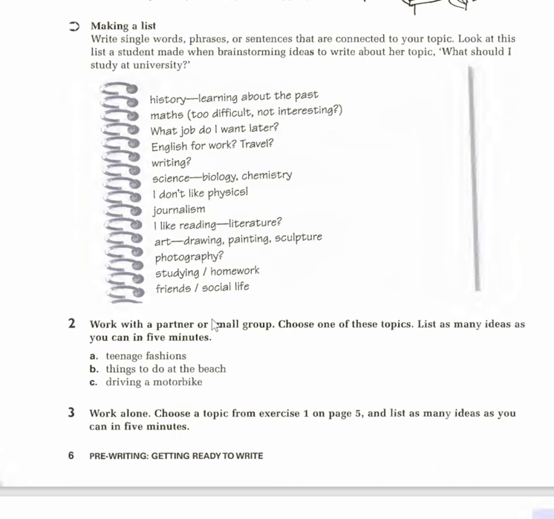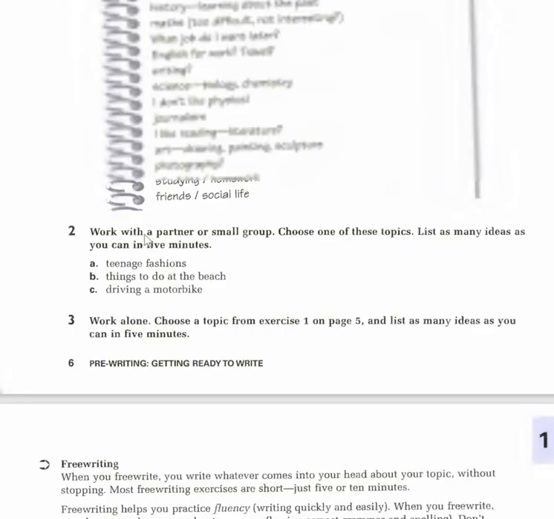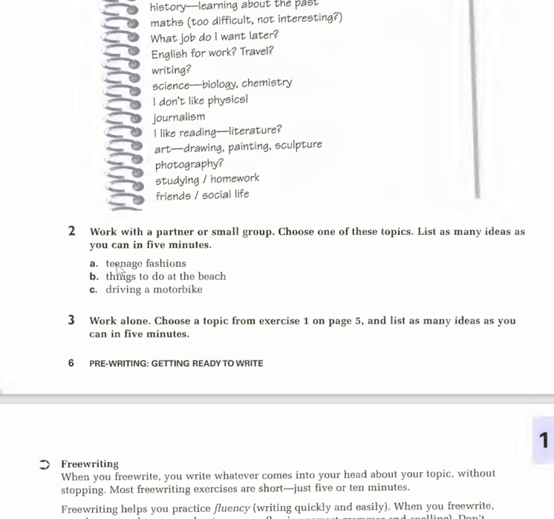Of course, practicing is the key. The more you practice brainstorming, the easier it will be later to brainstorm before writing. This is why I gave you many exercises here.